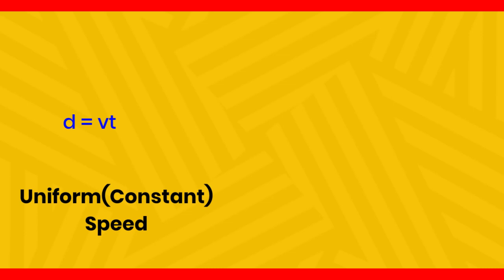If you are using d as displacement, it will be velocity multiplied by time. Also, the instantaneous velocity is the same as the average velocity. Instantaneous velocity is the velocity of a body at an instant.